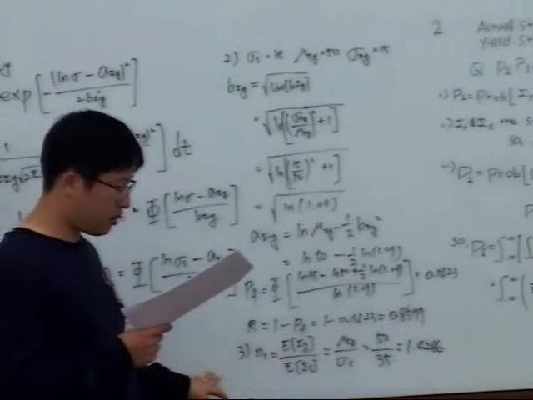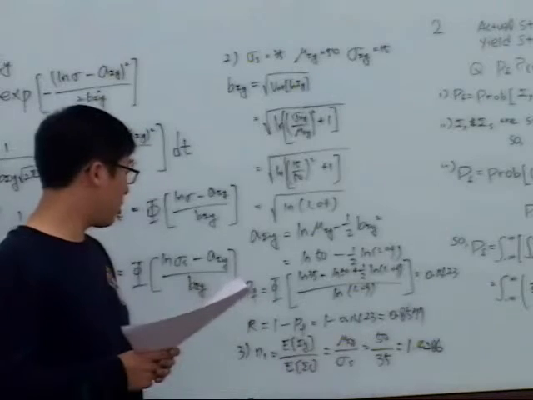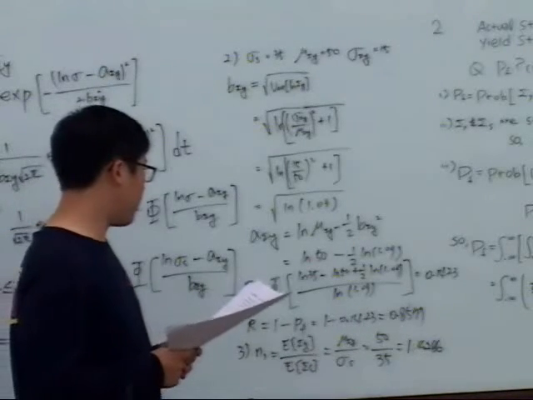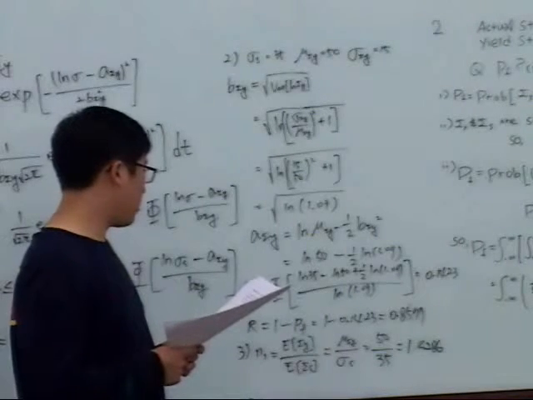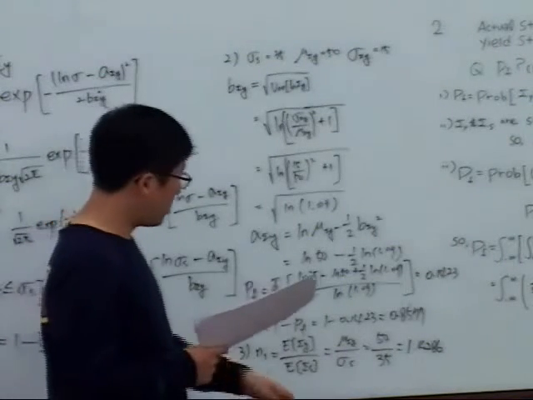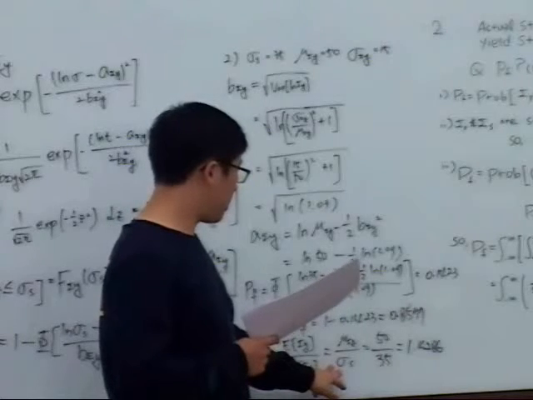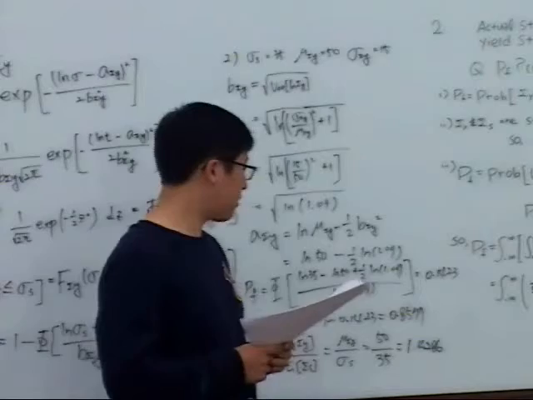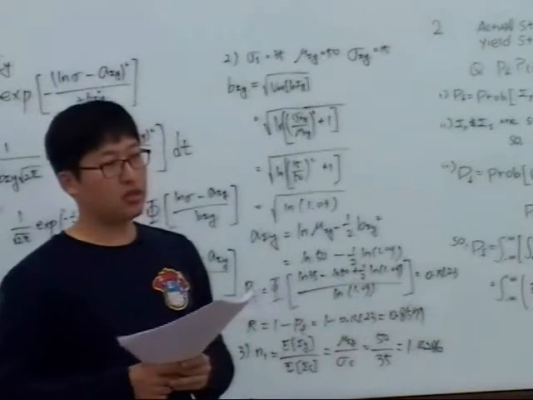Number 3, the central safety factor is N1 equal to expected sigma y over expected sigma s, equal to mu sigma y over sigma s, equal to 1.4286.